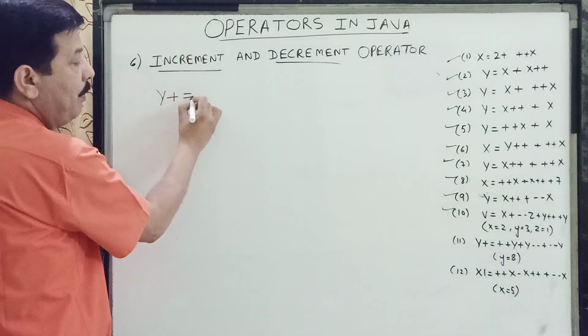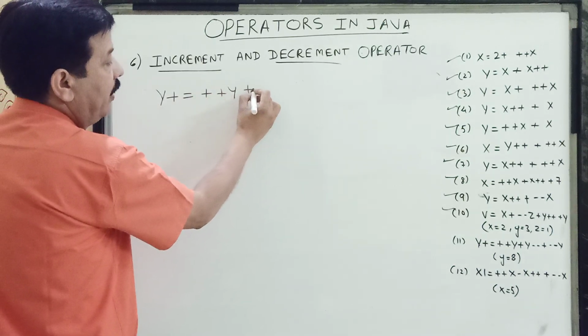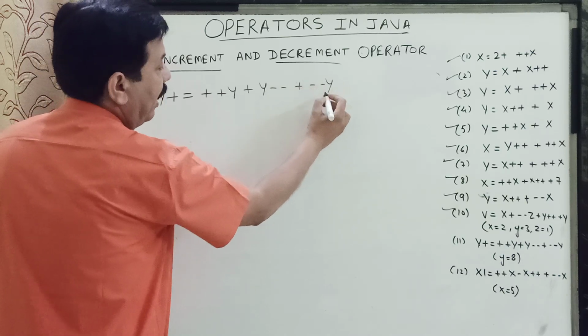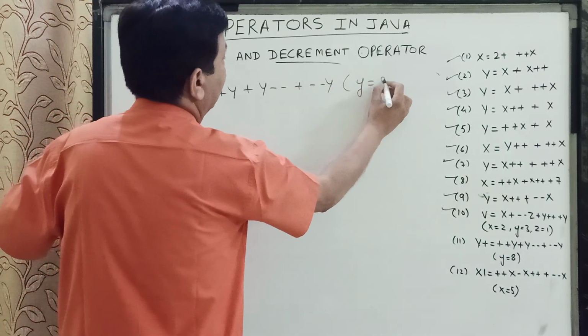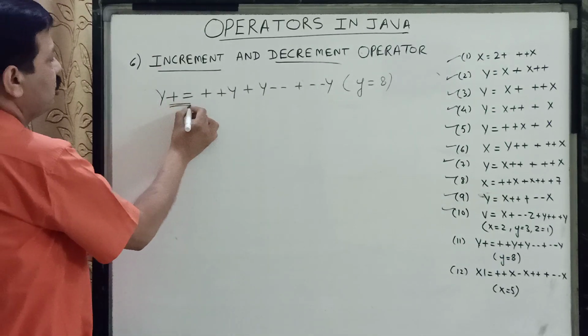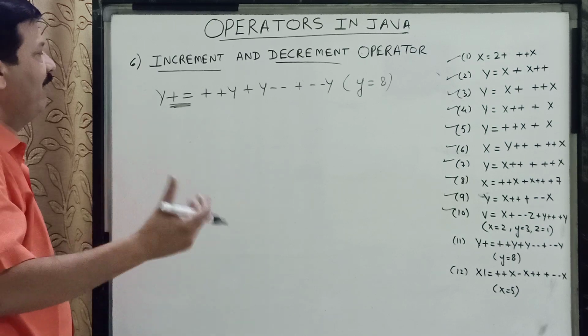y += y++ + y-- + ++y. And the value of y given is 8. Now children, if you see here, there is a Java shorthand used over here, which we have studied in the previous video.